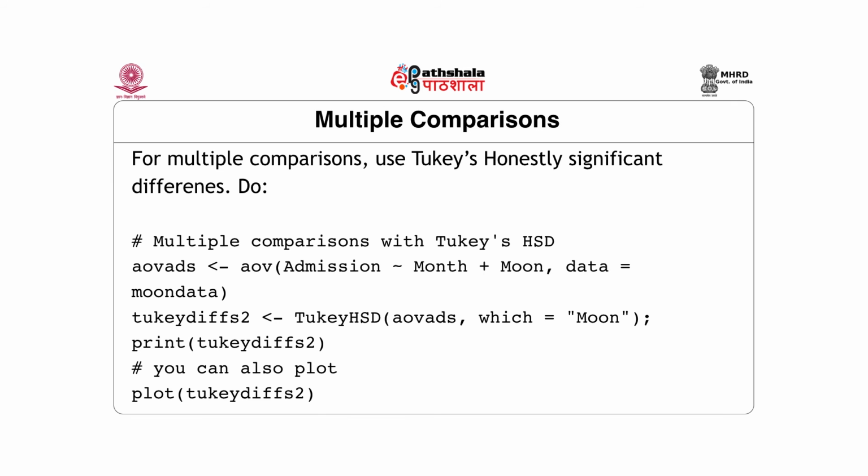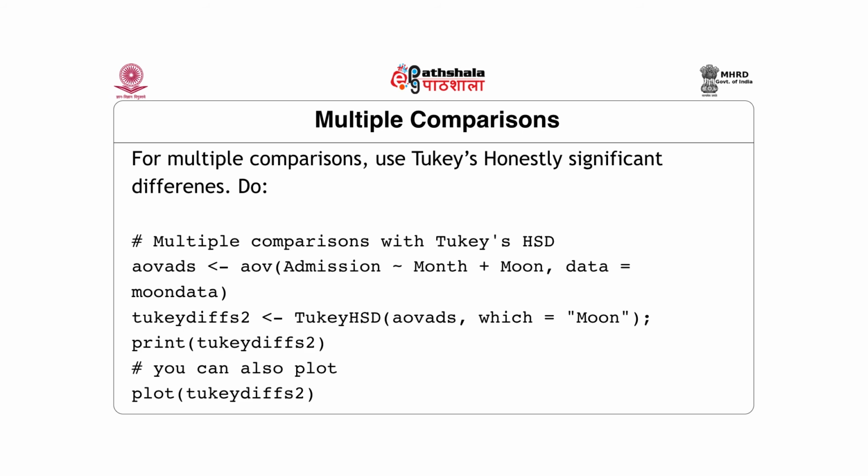We could also run it on the log of admissions for month and moon, but we just decided to run this on admissions by month plus moon. Then we decided to take a look at the moon phase only.